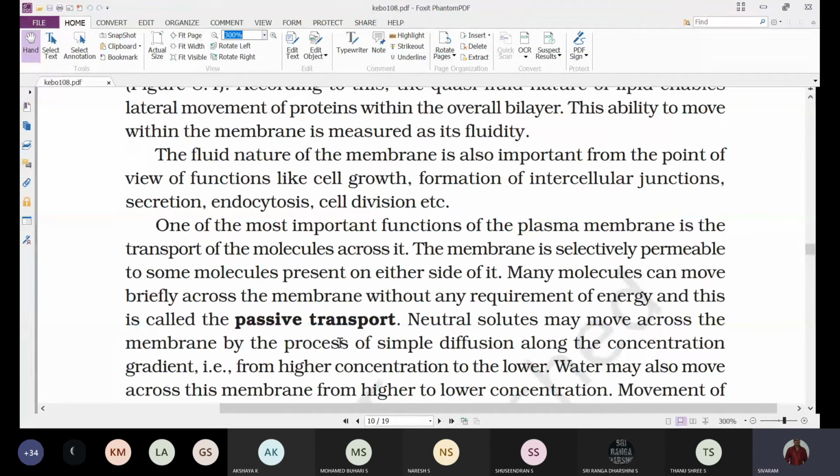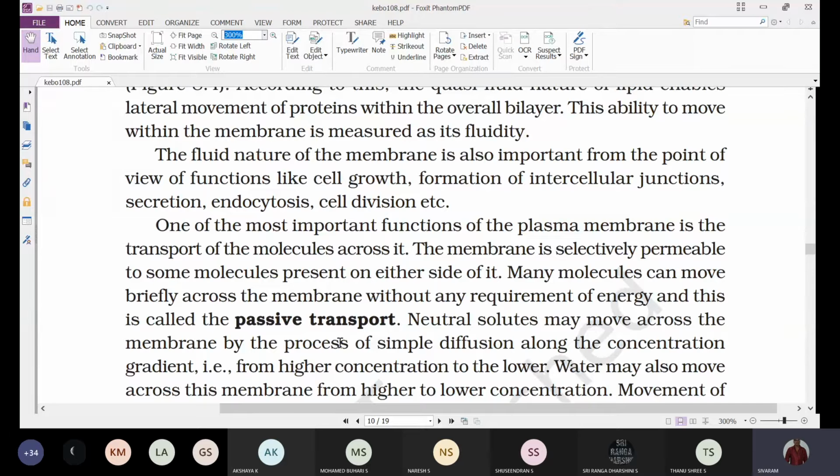The fluid nature of the membrane is also important from the point of view of functions like cell growth. If the fluid nature is there, then it can grow. Next, the formation of intercellular junctions. That means communication between the adjacent cells is because of the presence of certain junctions, and these junctions are made possible only because of this fluid nature.